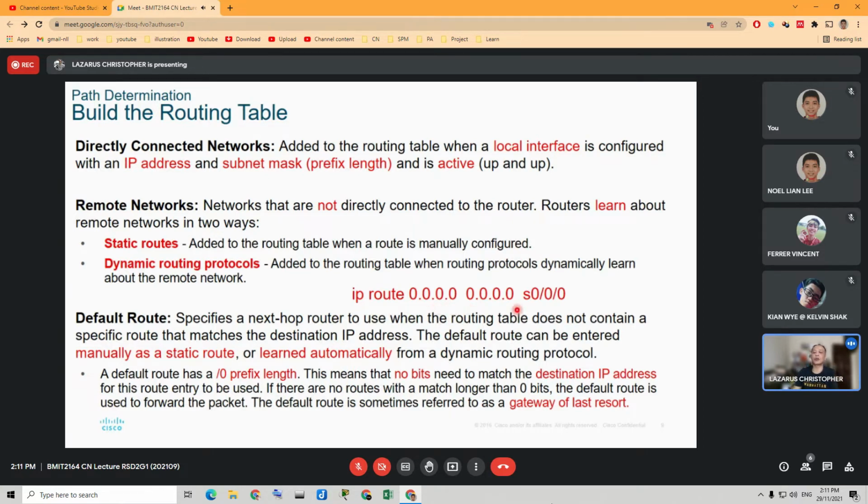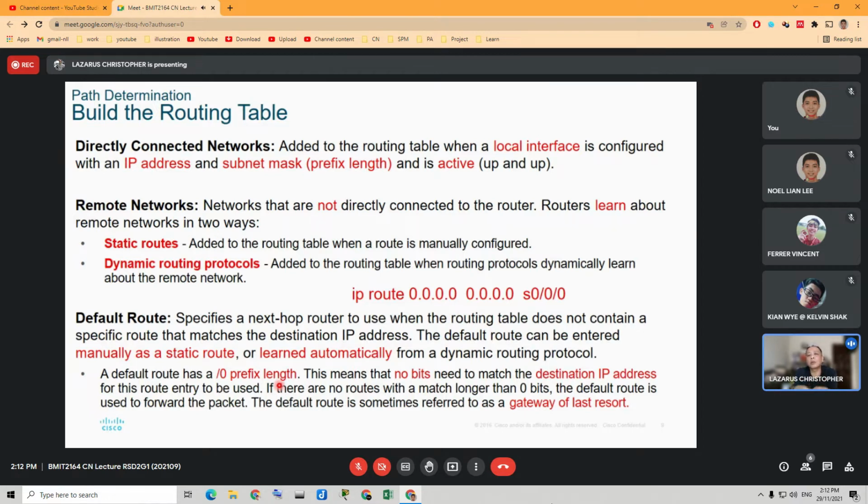It's a catch-all, right? You can see that the default route has a /0 prefix length, which means there's no need to match any bits at all. It will match. But this is not the first thing the router will consider. The router will consider its routing table first.